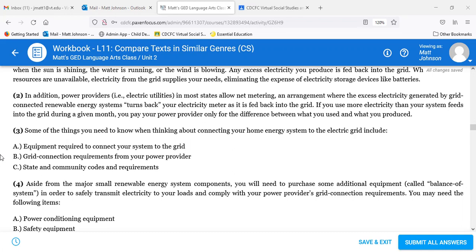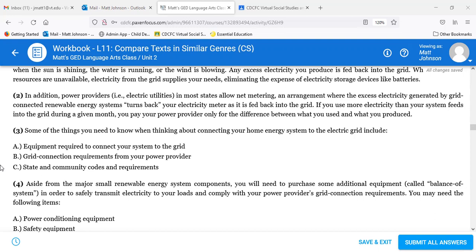Number 4. Aside from the major small renewable energy system components, you will need to purchase some additional equipment called balance of system in order to safely transmit electricity to your loads and comply with your power provider's grid connection requirements.